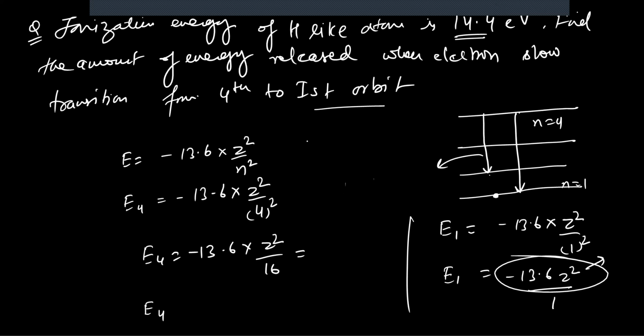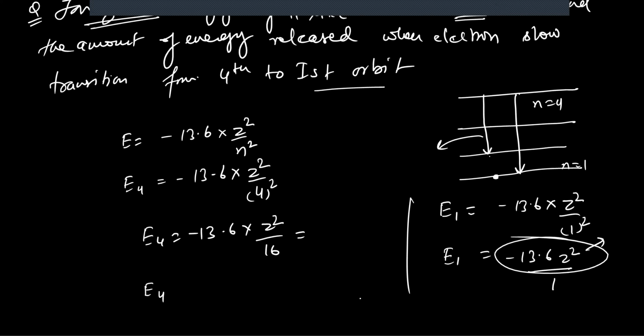Okay. So you know that the ionization energy is equal to the kinetic energy of the first shell. We mark this one: ionization energy is equal to kinetic energy of first shell. This is the kinetic energy of the first shell, minus 13.6 into Z square upon n square.